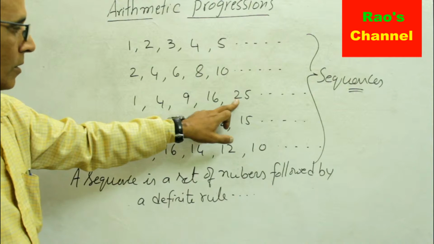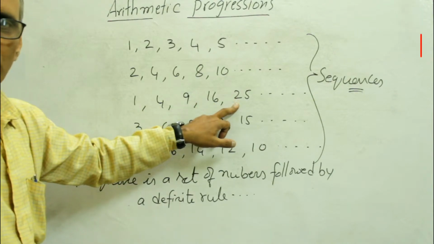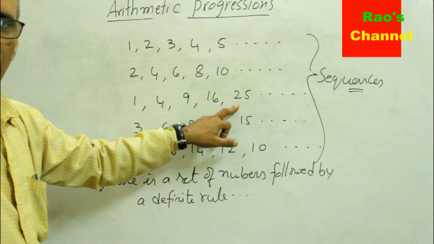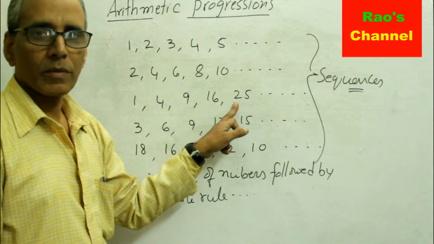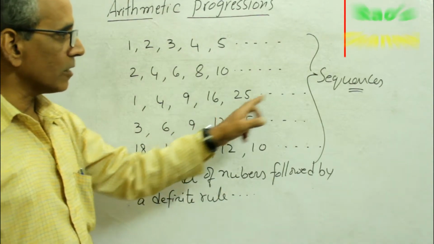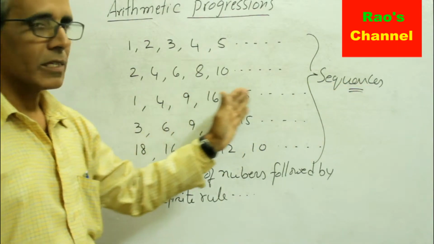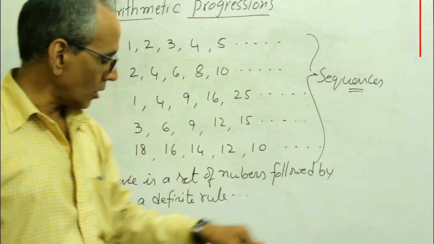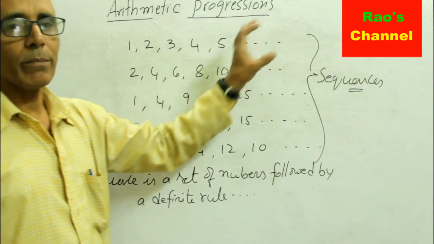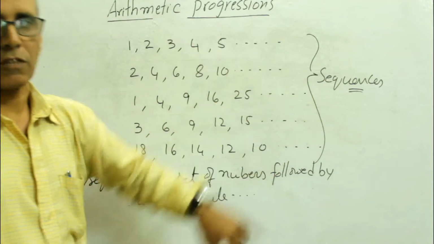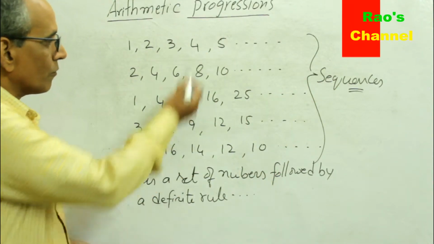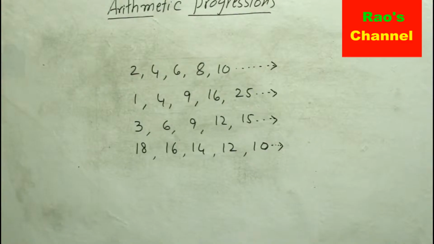Whereas here also I have the squares of the first 5 natural numbers. What is the square of the 9th natural number? If I derive a rule, I can go there directly without writing all in the sequence. So the rule helps us to find the required member in the series or in the sequence. Let's derive the rule for all these now.